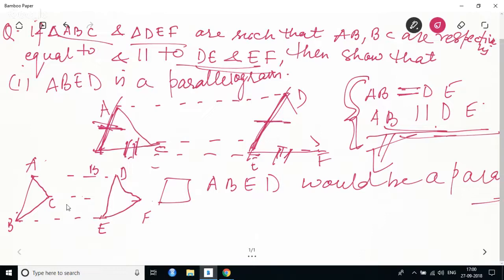BCEF, which is the base of it, I have already proved it. Now if somebody is asking you to prove AC is equal to DF, how do you prove it? ACDF will also be a parallelogram. So if ACDF is also a parallelogram, then AC becomes equal to DF. So this is how you have to solve these kind of questions. I hope you understood this question at least.